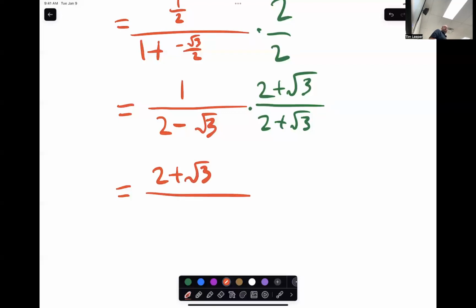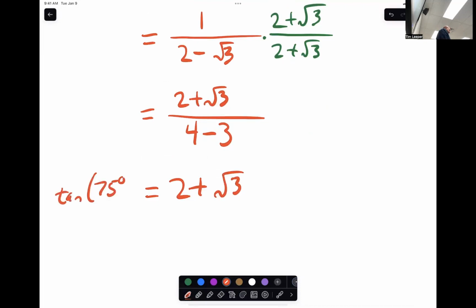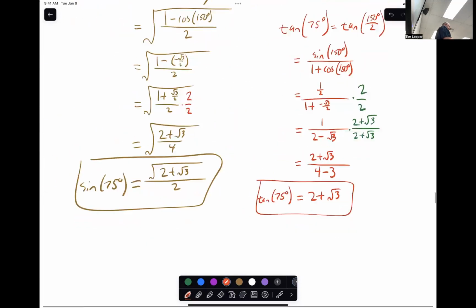In the denominator, that's a product of conjugates, which means it'll give us the difference of squares. Square the 2, that gives us 4, minus the square of the square root gives us the 3. And of course, 4 minus 3 is just 1, leaving us with 2 plus square root of 3. And that is the tangent of 75 degrees. And if you go back and look, that's exactly what we got before.